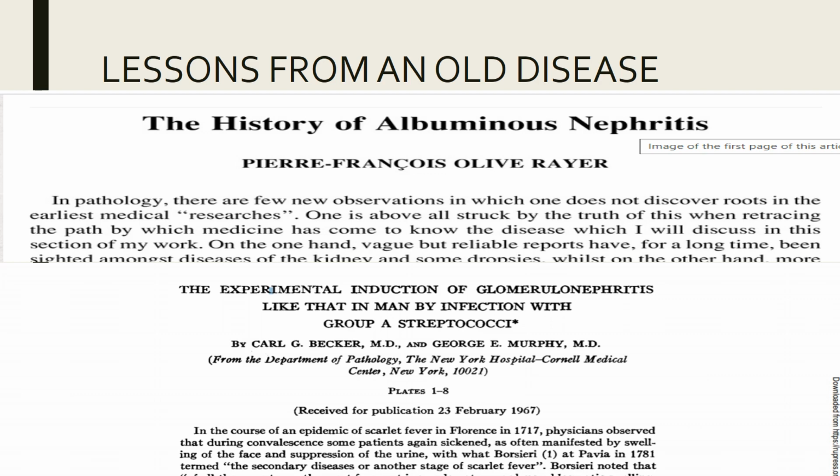So it's an interesting article which ends with the author theorizing that the possibility that patients who are recovering from scarlet fever develop this dark urine could be a problem with the kidneys, which should be investigated.